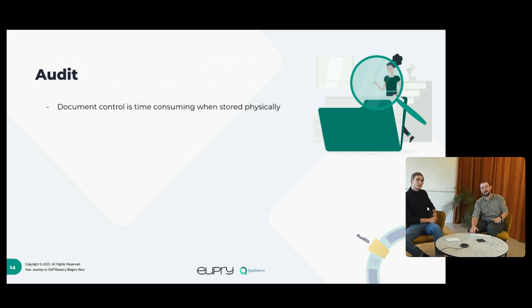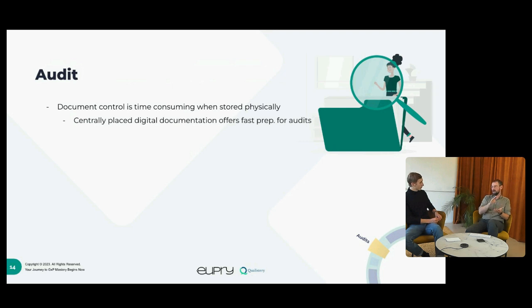So when having an audit, one of the pitfalls often is that document control is time consuming when you have it physically. It's astonishing to me that we keep on seeing systems where data is being stored on paper or physically somewhere. I really find it amazing that people can still do this. So of course, having a system where all digital information is in one place, and it's a one-click search to get that documentation out.